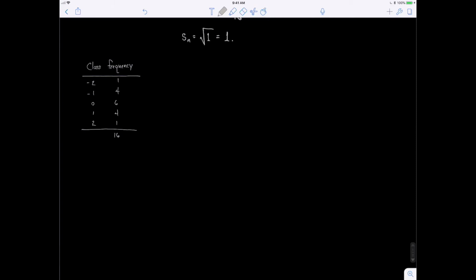So if I make a histogram, I'm going to have my class boundaries. Well, let's just do this. So here's what I have. Here's my -2, here's a -1, here's a 0, here's 1, and here's a 2. So my class boundaries are going to be the half unit.